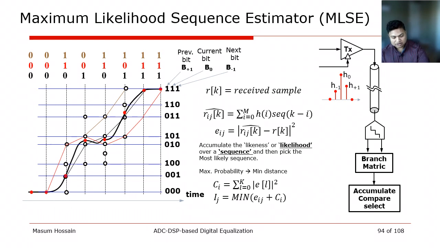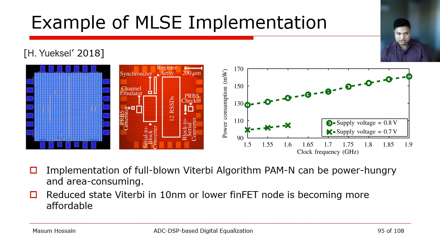Therefore, this is a computationally intense process. Most of the time this translated to higher power consumption in earlier work, but some recent work has shown that the power consumption can be significantly reduced to below 150 milliwatt, or even in some cases down to less than 100 milliwatt.